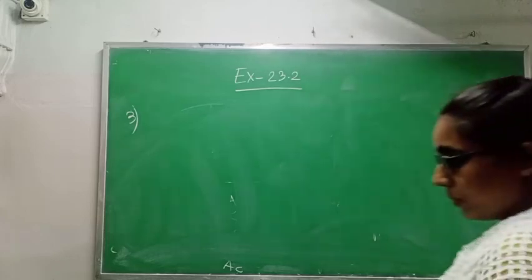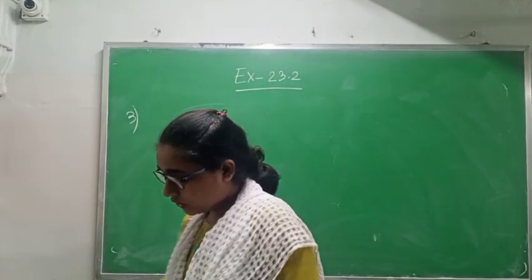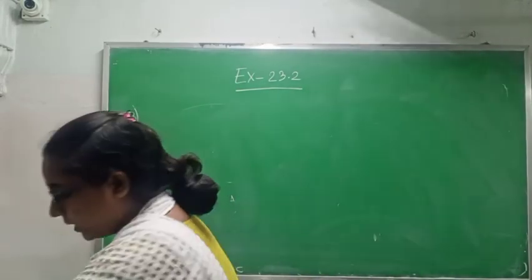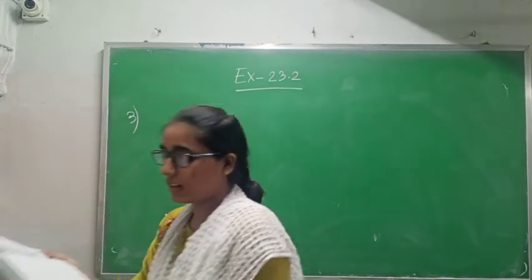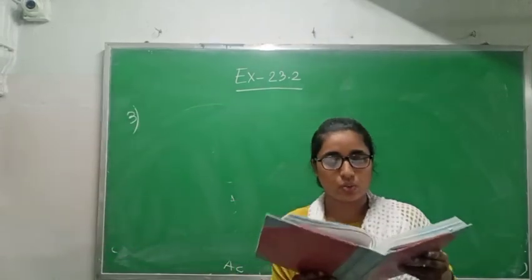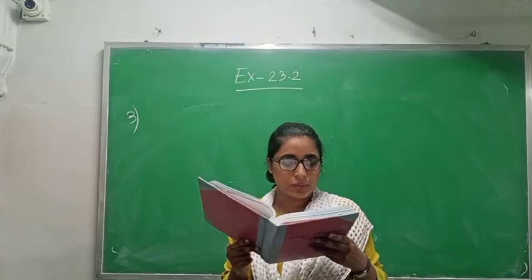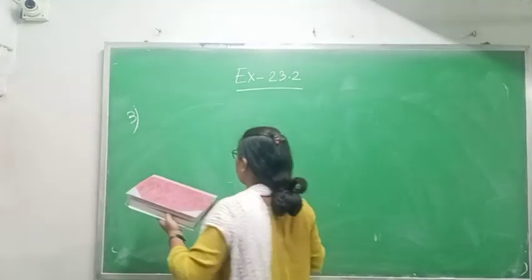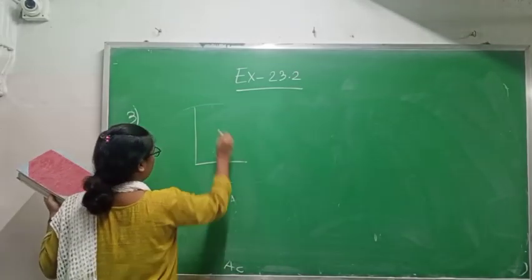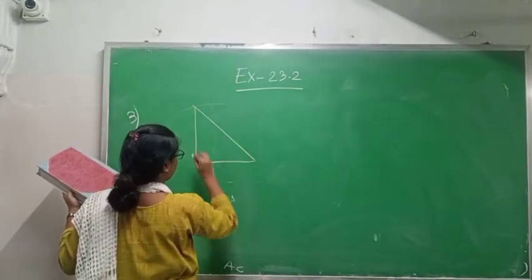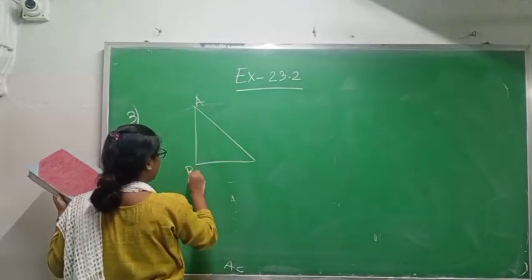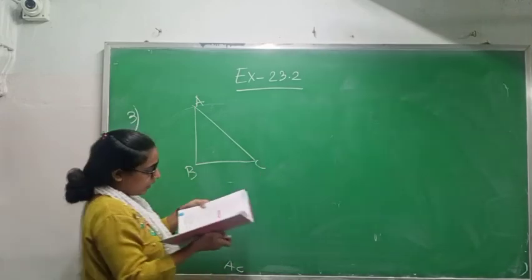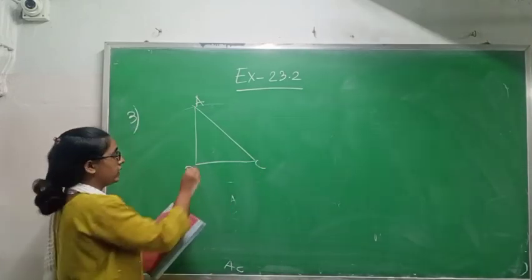Class 10, read question number 3. In a right angle triangle ABC, angle B is 90 degrees, angle A is 30 degrees, and AC equals 20 centimeters. Let us determine the length of the two sides BC and AB. In a right angle triangle ABC, angle B is 90 degrees.